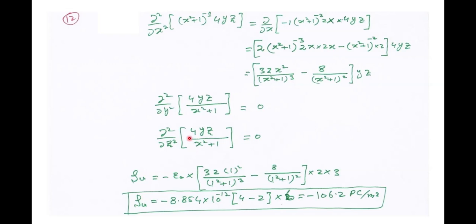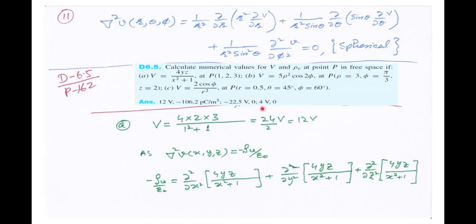The procedure for differentiation with respect to z is similar. The first application of partial by partial z produces 4 times y divided by x square plus 1. On the second application, it becomes equal to 0. So we obtained only the analytical expression of partial square by partial x square, and the remaining two terms in this equation are zeros.